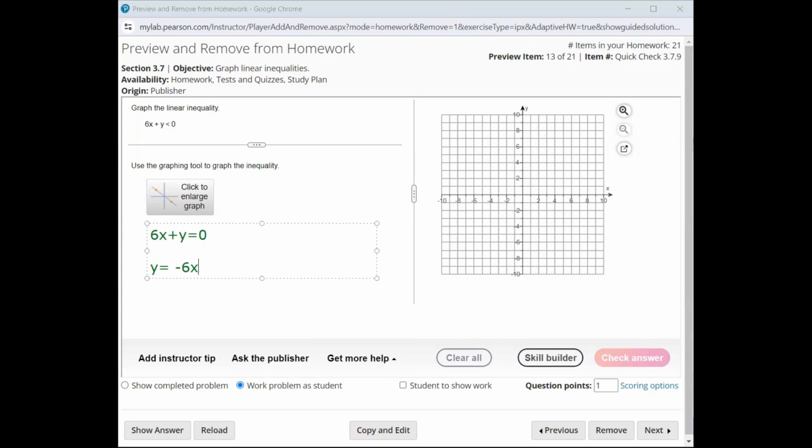Okay. Here, slope is the coefficient of x, which is negative 6, and the y-intercept is the constant added to the x term. Since there is no constant added to the x term, the y-intercept is 0.